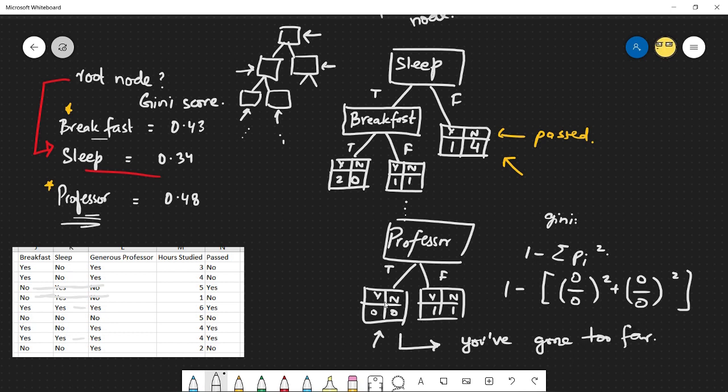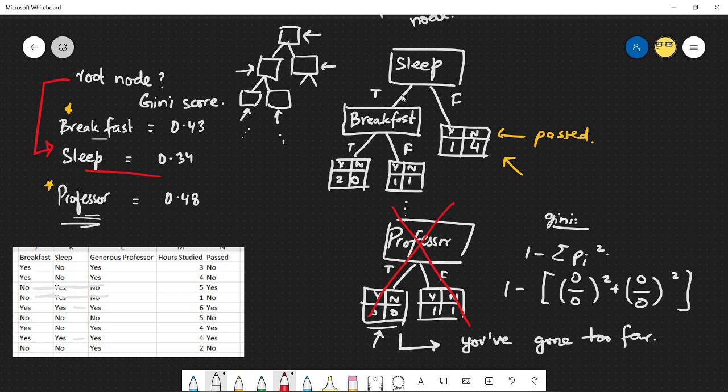You shouldn't be splitting on professor here at all, because this is mathematically impossible to compute, and so you're not able to get a Gini score or compare a Gini score over here. So you're going to say that I don't actually need to split this node any further. It is impure. We don't have a pure split like this here, and that's perfectly fine, but I'm not going to split it anymore.